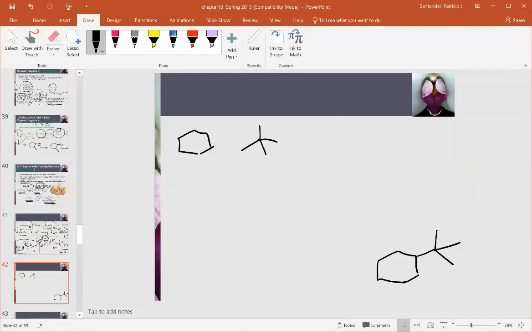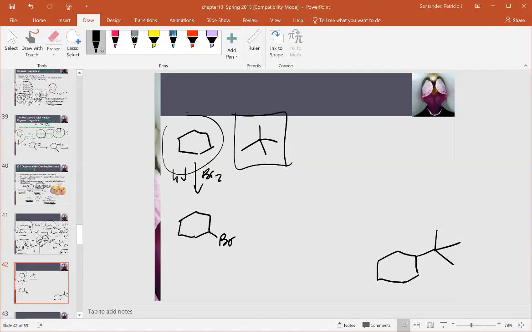So what I could do, just very quickly, I will transform my cyclohexane. I will react that with bromine and light, and I will make that into bromocyclohexane. Then I can react my 2,2-dimethyl propane with bromine and light, and I will form this, right? Then I can make the Gilman out of this.